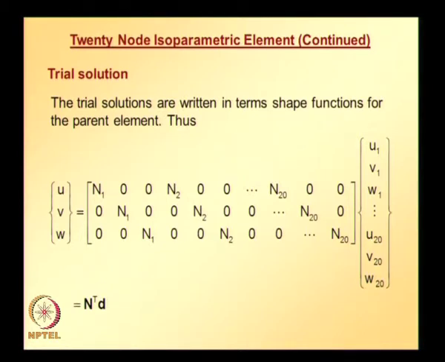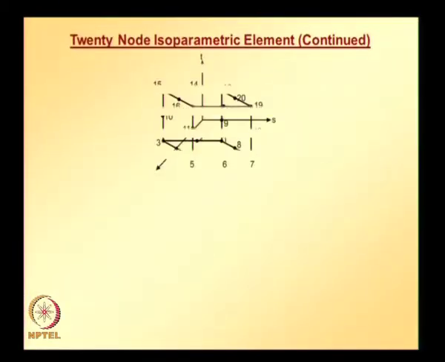The shape functions for the parent element can be obtained using similar procedures to those we adopted for obtaining shape functions for the 8 node serendipity element for 2 dimensional problems. So, here the expressions are directly given.